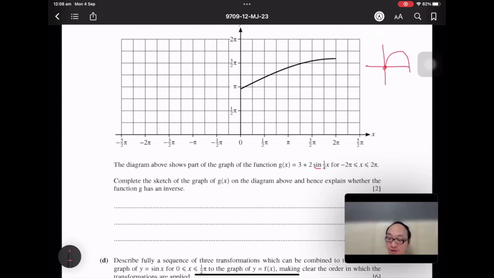So if we have this, it will be like this. So we just continue the drawing, but consider the minimum and maximum. This will maximize at 3 plus 2 and minimize at 3 minus 2, 1.